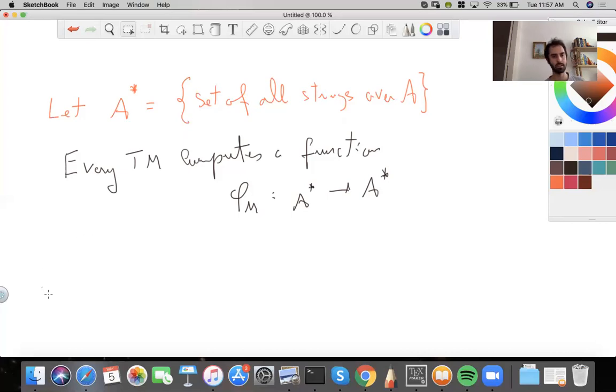So if I start with my Turing machine with a given input alpha, phi m evaluated on alpha is by definition the output string for input alpha.